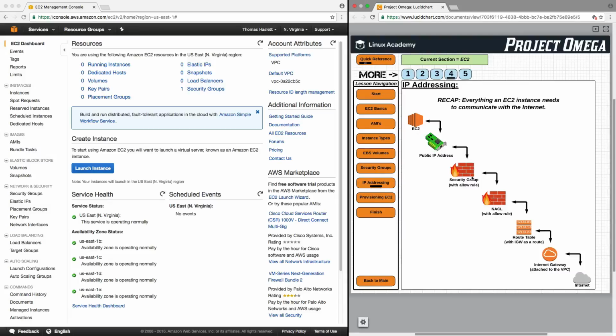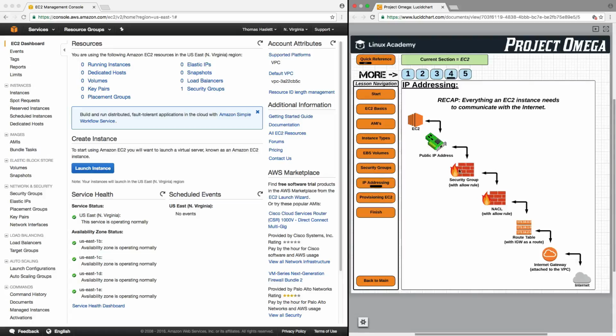But if any one of these components or steps isn't configured properly, then information will not be able to flow between the internet and your EC2 instance. So these are all the points of failure, or more accurately, the points that you have to look at if you're troubleshooting restriction errors. It may be that you're trying to access the internet, but you don't have a public IP address.